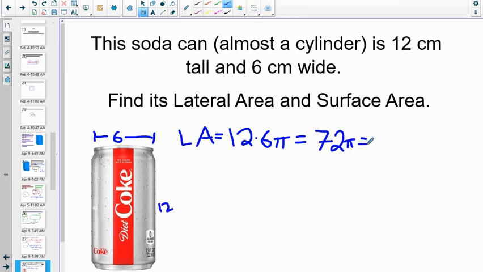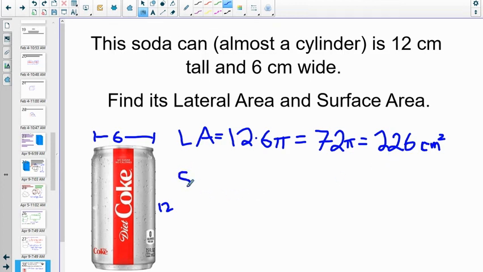So I'll plug this one into my calculator and find that 72 pi is about 226 square centimeters. So if you took the curved part of a can of Coke and laid it out flat, you could fit about 226 centimeters squared on that surface.